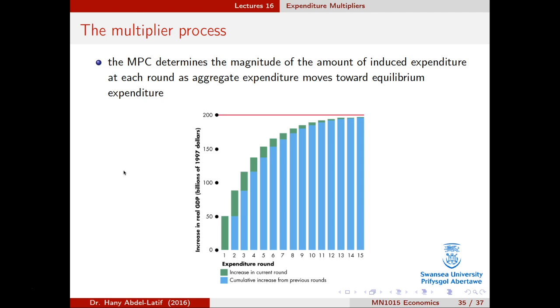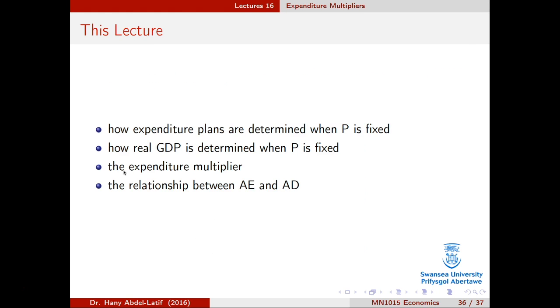That means the multiplier in this case equals 4, because the initial increase was 50, and the total increase here is 200. So 50 leads us to this 200 increase in the real GDP. That makes the multiplier 4. So 4 times 50 gives us 200. So that was the whole story about the multiplier.